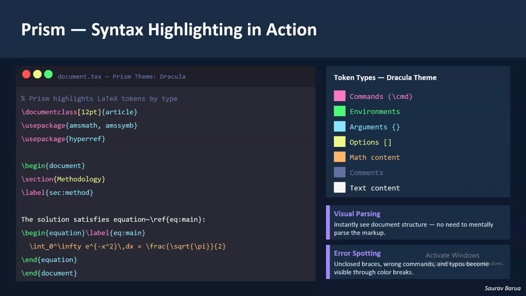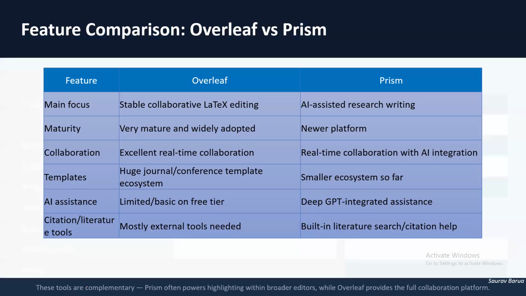And here we see Prism in the Dracula theme, and we can see the tokenized types: different types of commands, environments, arguments, options, math content, text content, and comments, and visual parsing is possible. Error spotting is another advantage of Prism here. You can see here.